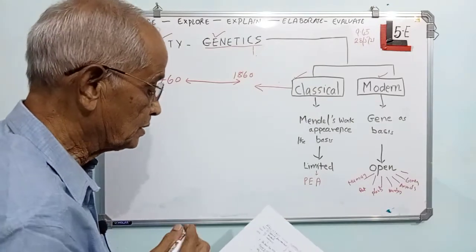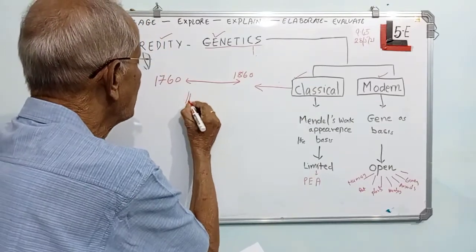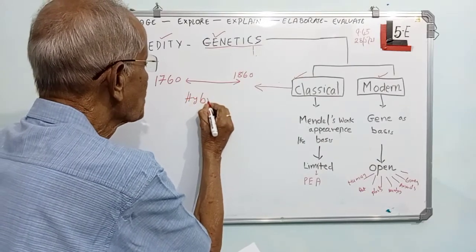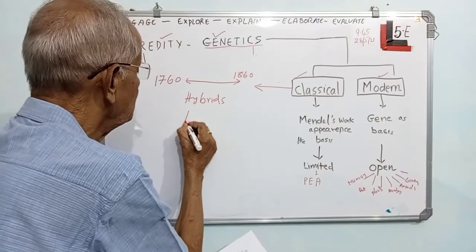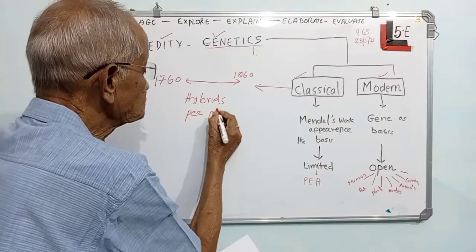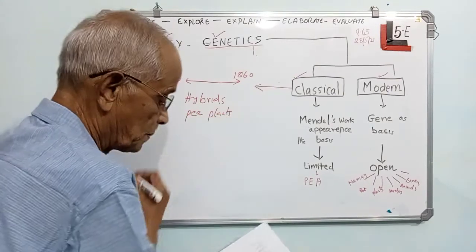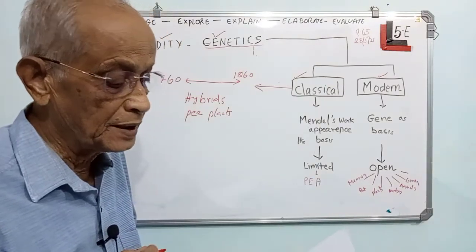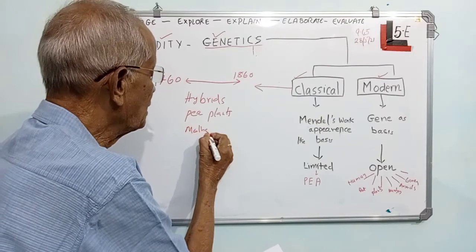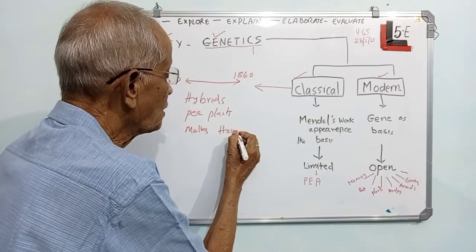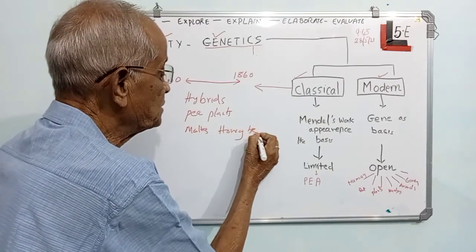That means people were studying hybrids, pea plants, and also some animals like moths and maybe honeybees.